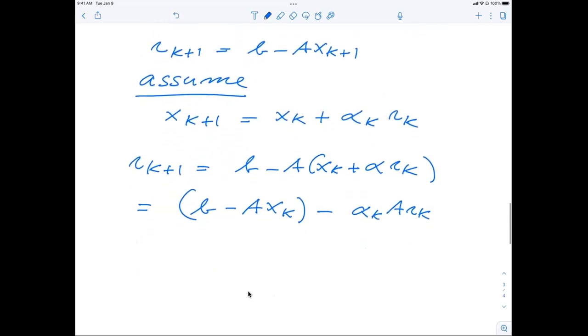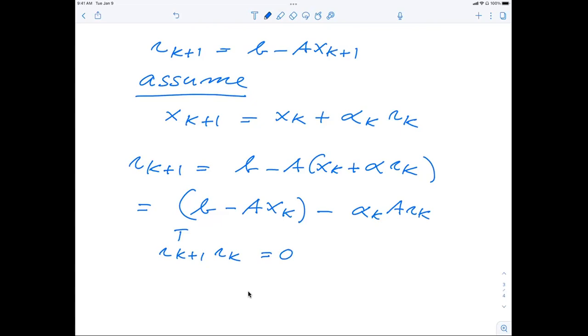Now, one thing we are also going to assume, an assumption which is made in addition, is that r of k plus 1 transposed times r of k is equal to 0. So this forms an orthogonal basis set.